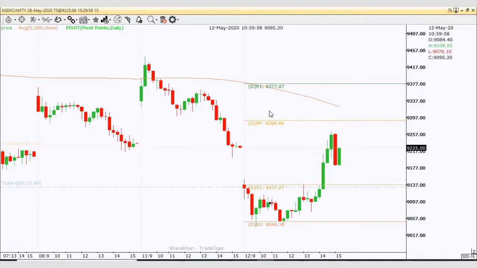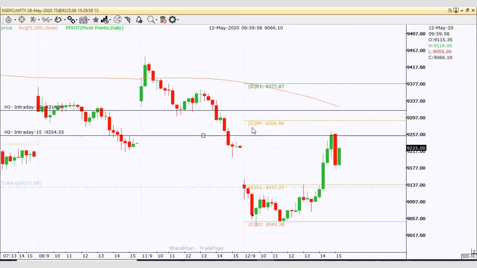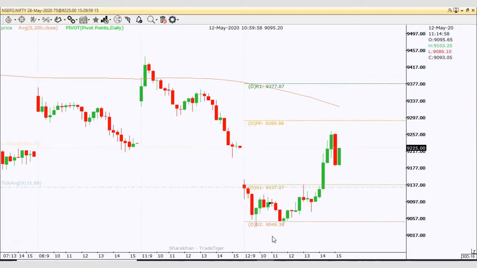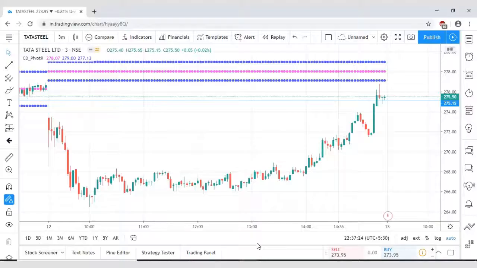But what about the CPR range, how to get it directly? You need to go to any provider who will directly give you the on-chart plugin.